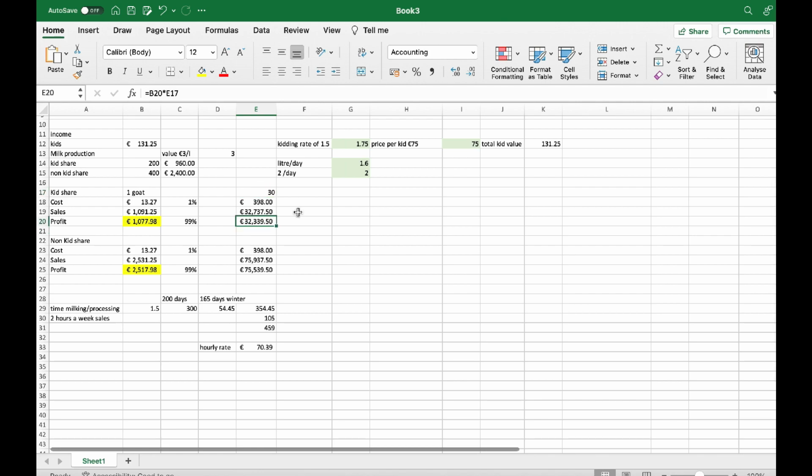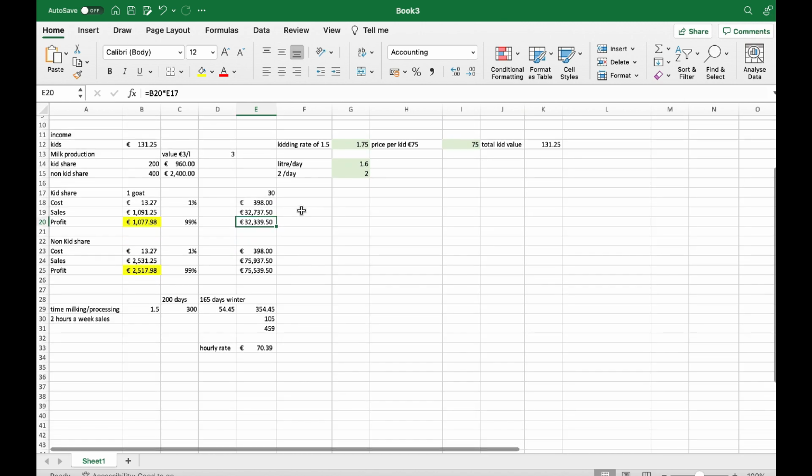So I think I could run this enterprise easily, build up to it, and be making 32,000 euros gross off it. And if I net that, I would give at least 5,000 to my business, and let's call it 30, rough number.